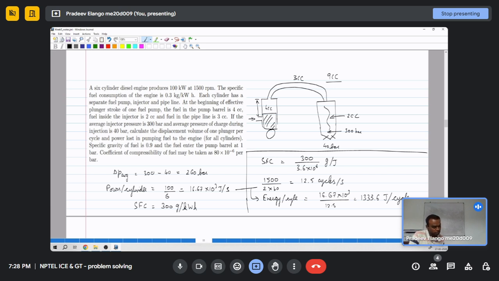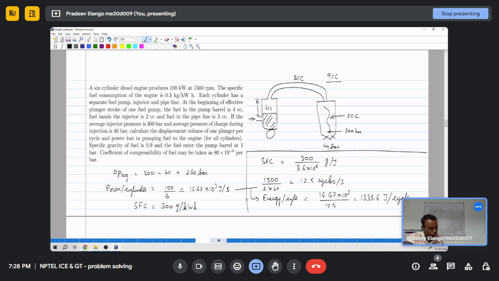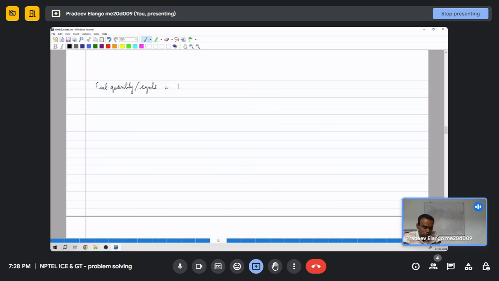And multiplying this energy per cycle with the SFC, we will get grams per cycle. So fuel quantity per cycle is equal to 1333.6 into 300 by 3.6 into 10 power 6.